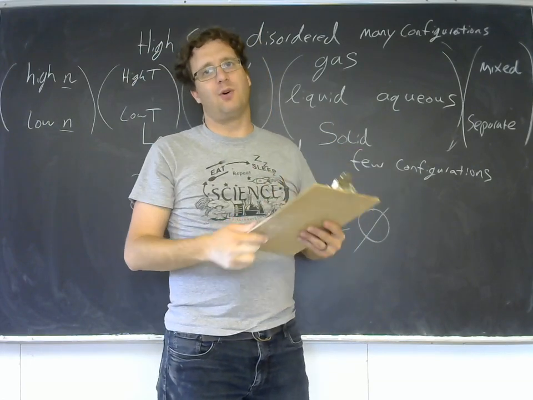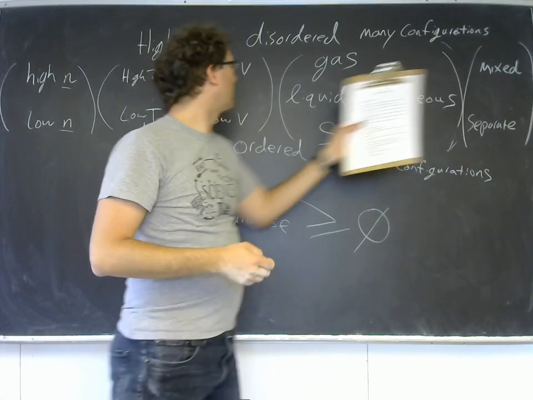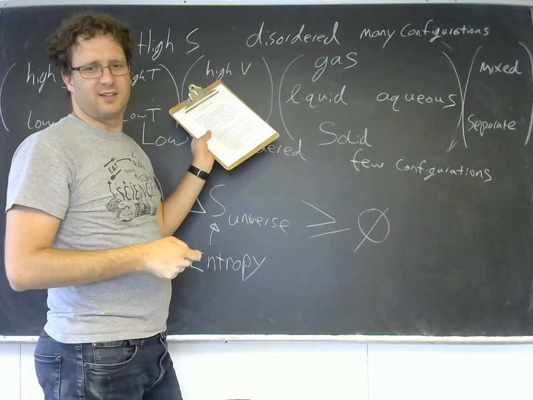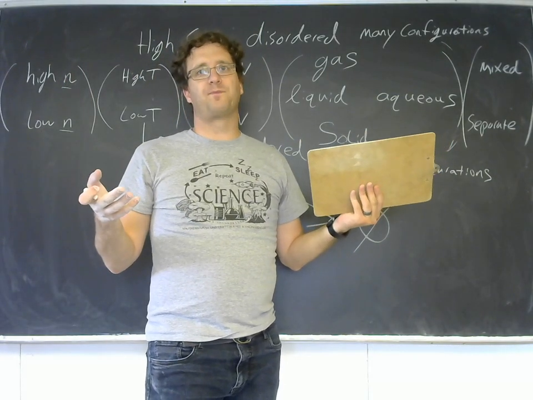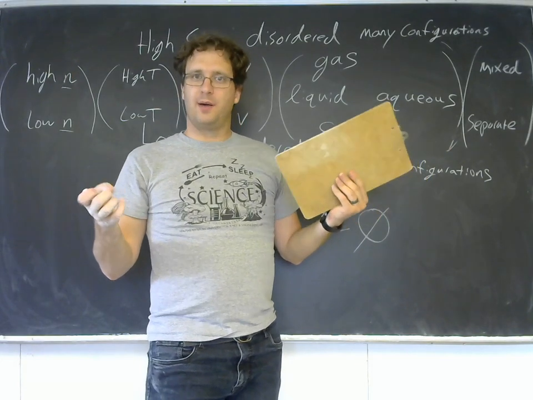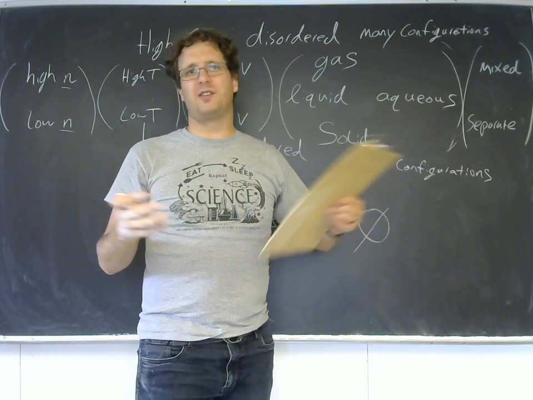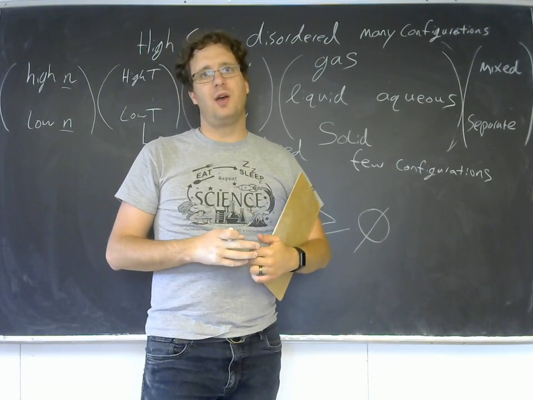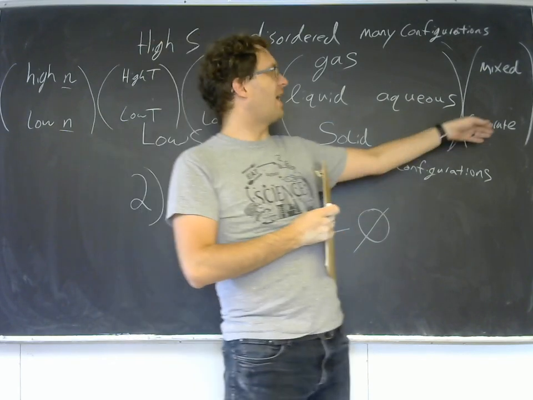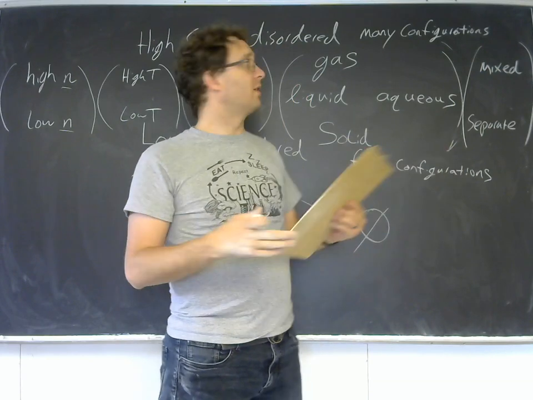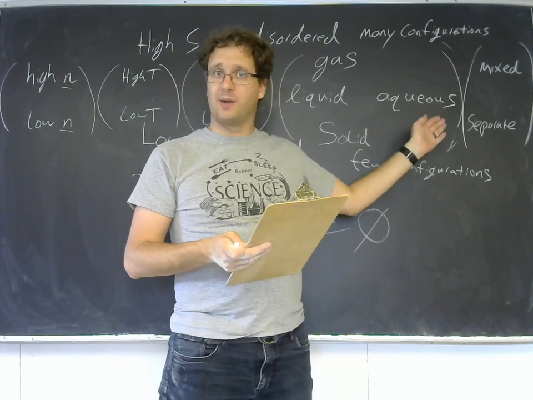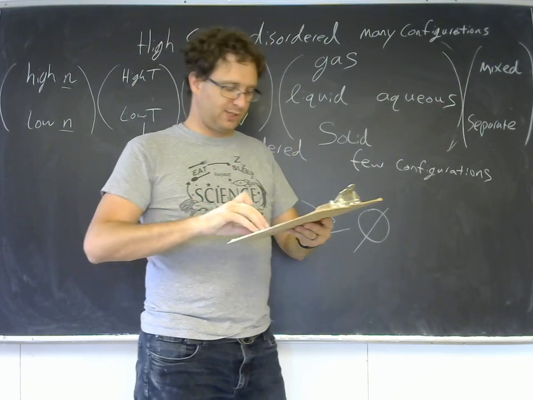So this can be thought of as a factor of volume, at least when you're considering liquids. But for gases and for solids, the volume might not change upon mixing, and still even then, mixing things together is going to be more disordered than having them separated out into the pure substances.